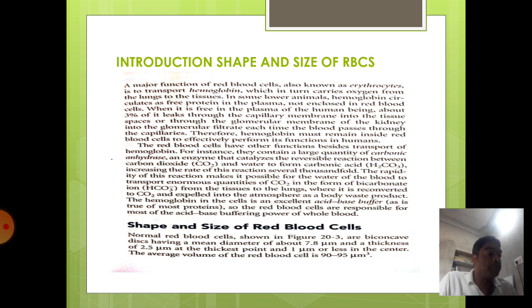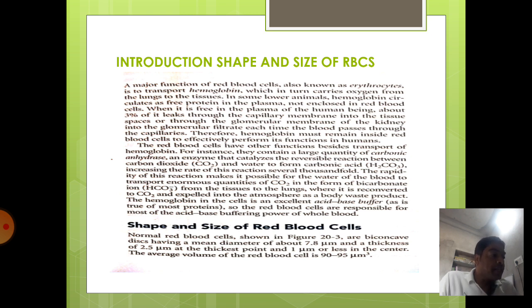And in this form, carbon dioxide is transported from the tissue to the lungs, where carbonic acid and bicarbonate ions again dissociate and release carbon dioxide into the lungs, which is expelled into the atmosphere through the nostrils in expiration.